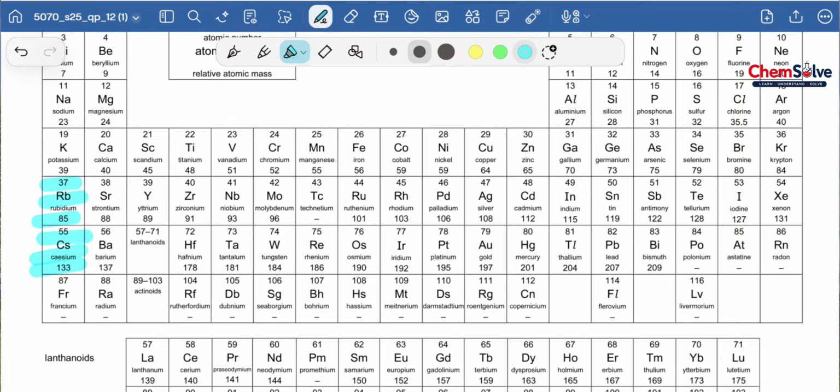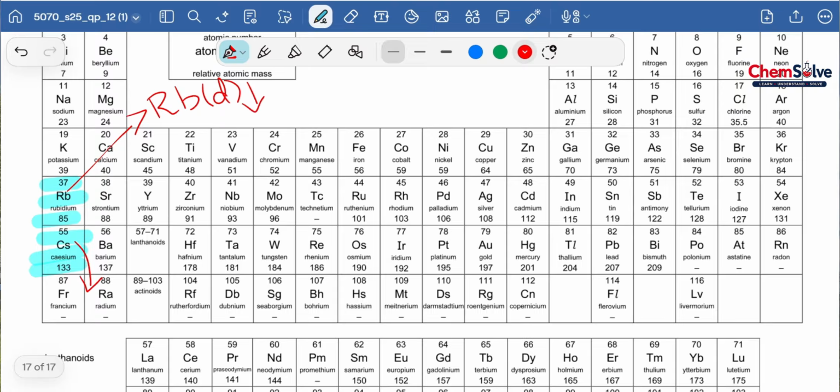Rubidium has lower mass, which means the density of rubidium is low, while cesium has more mass, so the density of cesium should be more, because density is related to the mass.